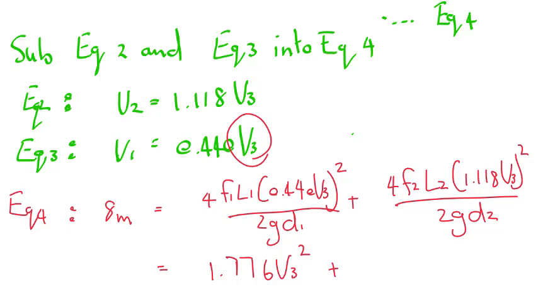We change the diameter d2 to 0.25, and that should give you 18.348 V3 squared. And that's 8 meters. You don't have to write the meters there, just so that you're reminded that it's the static head.